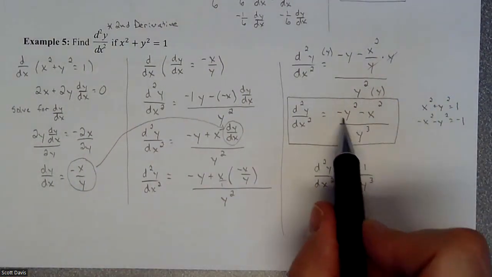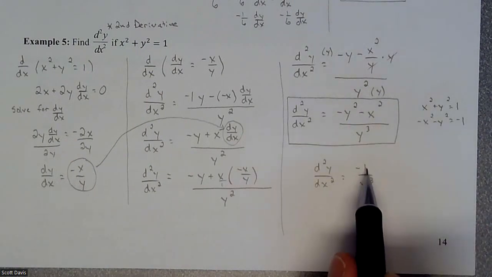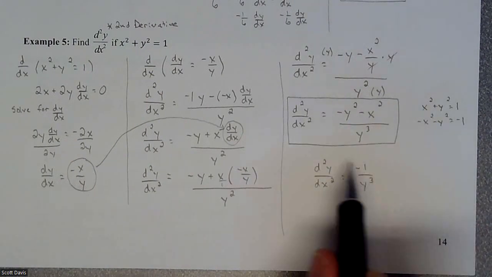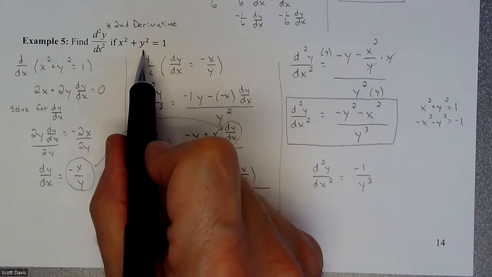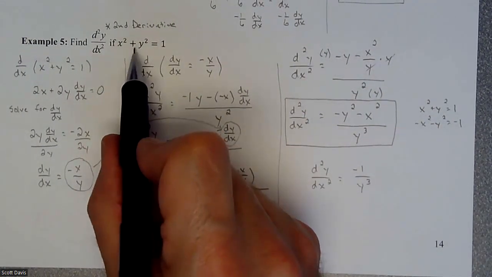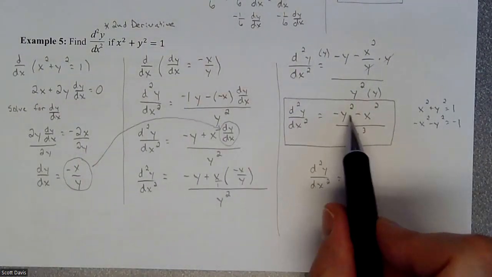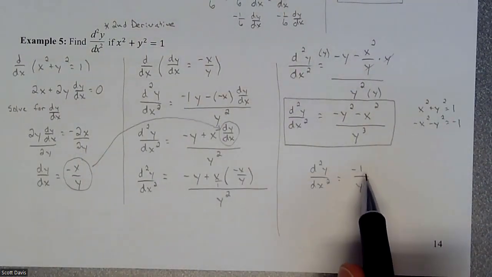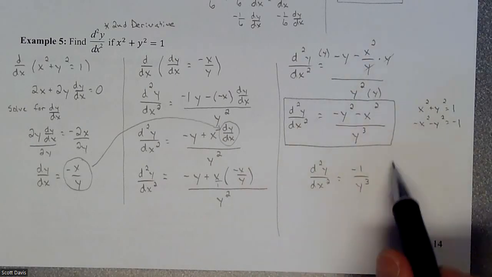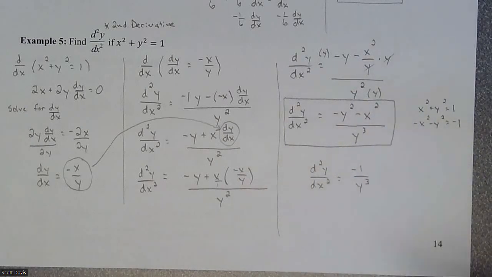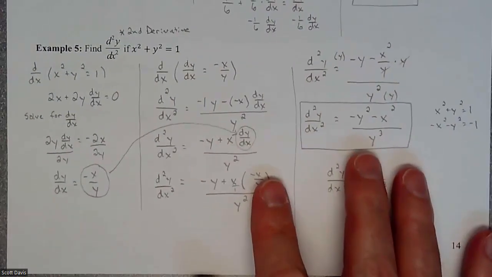So no matter what x's and y's you plug in, they should turn into a negative 1, as long as they satisfy this original equation. If they satisfy that, certain x's and certain y's are going to combine to make a 1. That also means certain x's and certain y's are going to combine to make a negative 1. So that's way simpler, but it may or may not ask for something like that. But every once in a while, you get this extra little layer of simplification that you might be able to do. Right, and that was doing a second derivative.